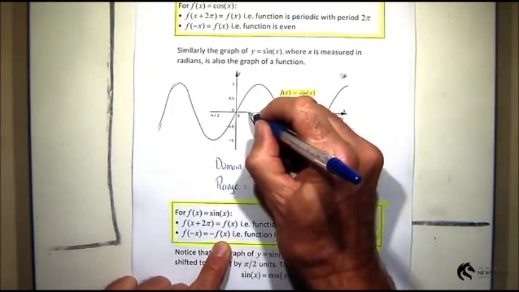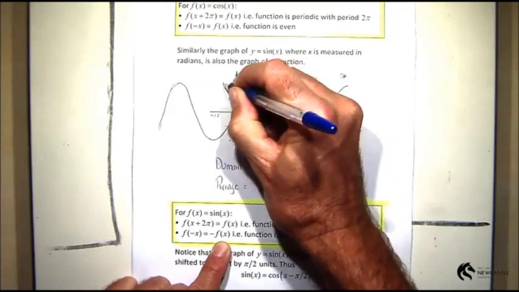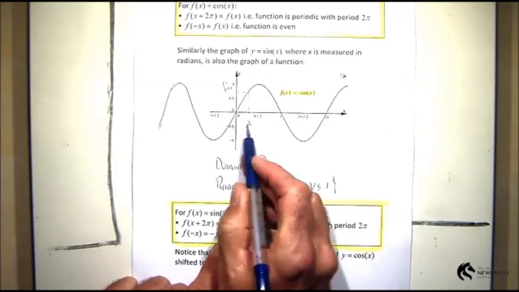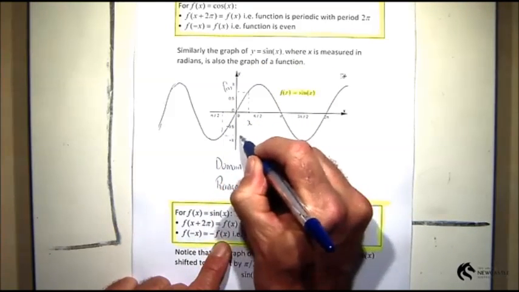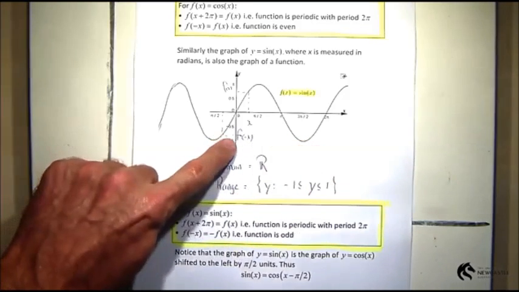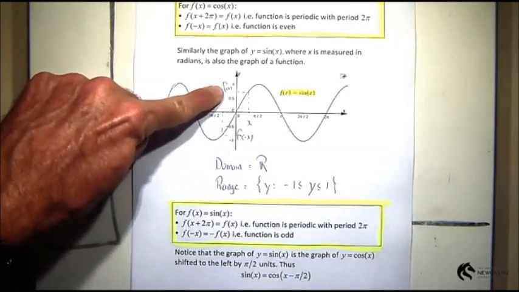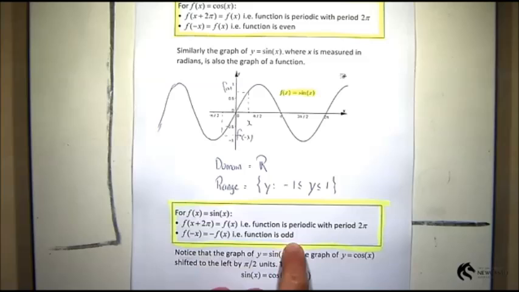If here is x, up to there, that's function x, minus x is just over here, and down there, that is function minus x, and you can see function minus x is the negative of function x, which is what we've got here. So our sine function is odd. The cosine function is even, the sine function is odd.